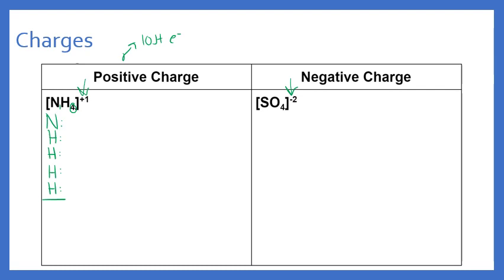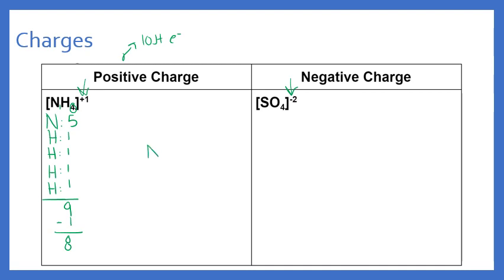Now we're going to count the valence electrons. Nitrogen has 5 valence electrons. Hydrogen has 1. We're going to add them up, so 5, 6, 7, 8, 9. All right, and now we've lost an electron, so we're going to subtract 1. So we have 8 electrons total to use.